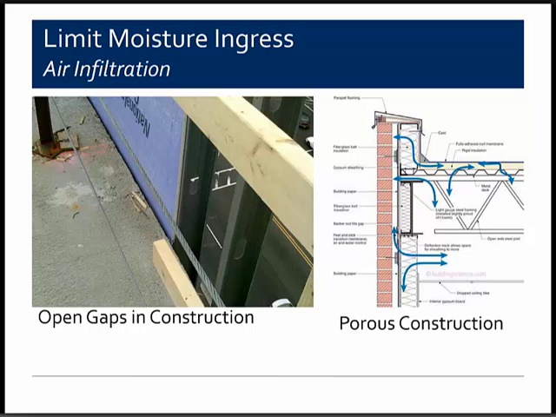All these avenues for air infiltration into our roof assembly will tend to drive the moisture level in the overall assembly higher, possibly affecting any adhesive bond that we have between two materials.